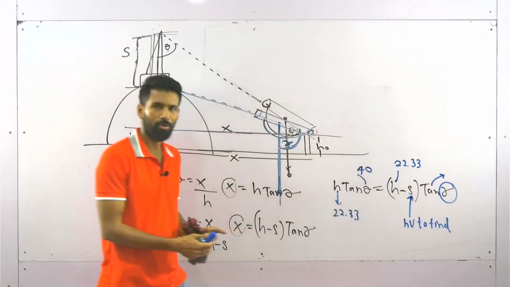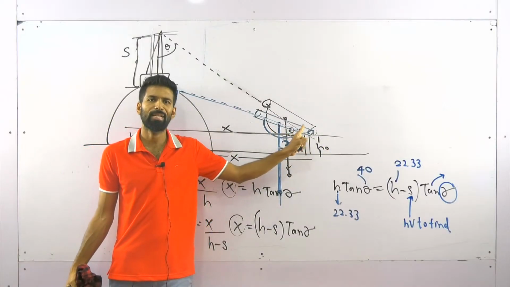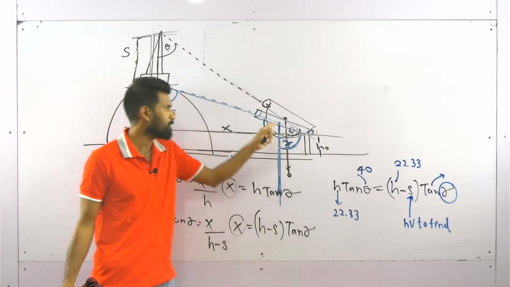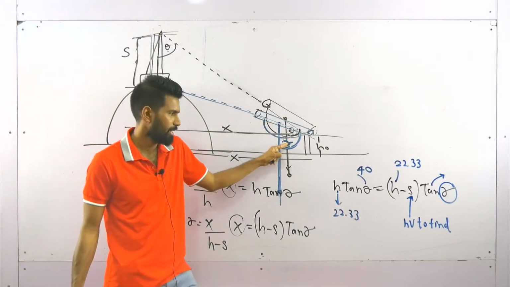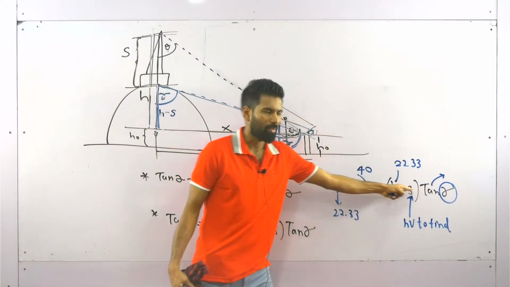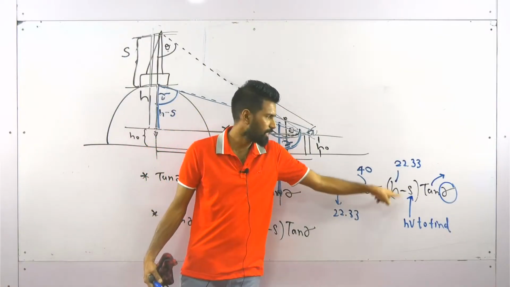So what you have to do? Again, place the inclinometer at its initial point and aim to the starting point of kotha and read the angle. It is tan gamma. Substituting in this equation, it's asking the final question, and you will get the answer for S.